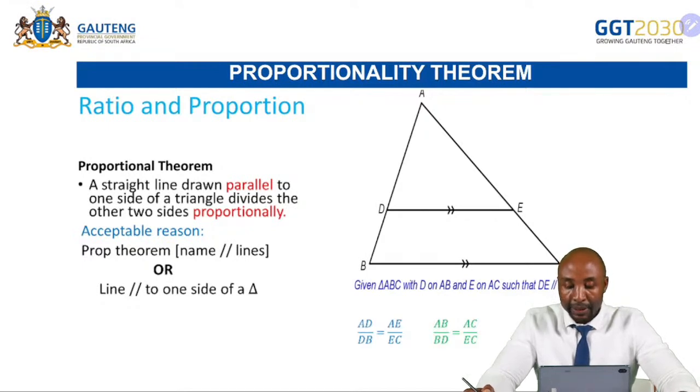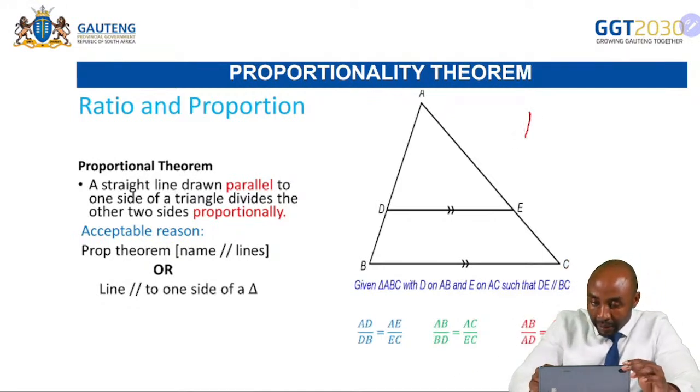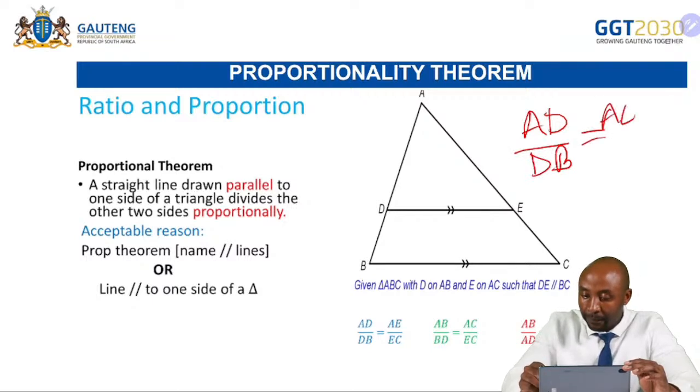parallel lines. In this case, we are going to say, if AD, for example, this is what we normally have to prove. You'll be required to prove that AD over DB is equal to AE over EC.